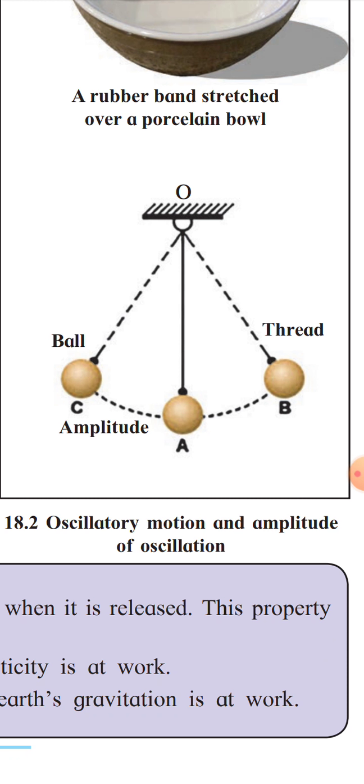Now, a pendulum is nothing but an oscillator made up of a small iron or wooden ball tied to a half meter long strong thread, and the other end of this thread is tied to a fixed support such that the ball is freely suspended in the air. Such an oscillator is called a pendulum.